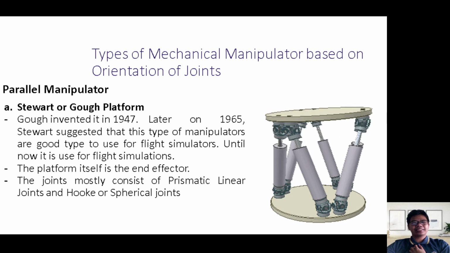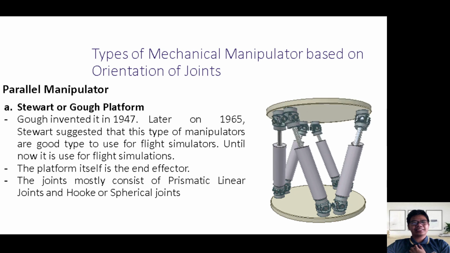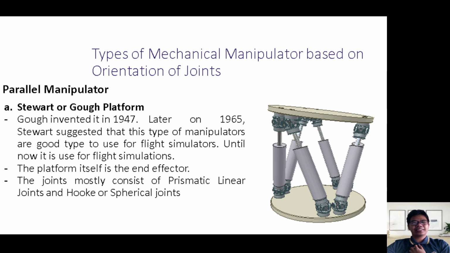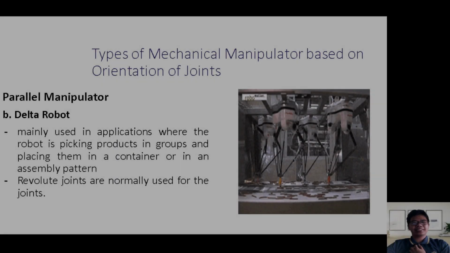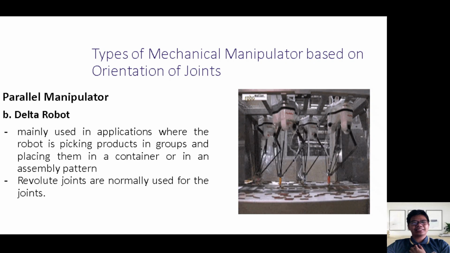The platform itself serves as the end effector, creating a unique configuration. The joints primarily feature prismatic linear joints and hook or spherical joints. As we uncover the legacy and applications of the Stewart or Gough platform, we gain insights into its significance in the world of robotics. Lastly, let's delve into the Delta robot.